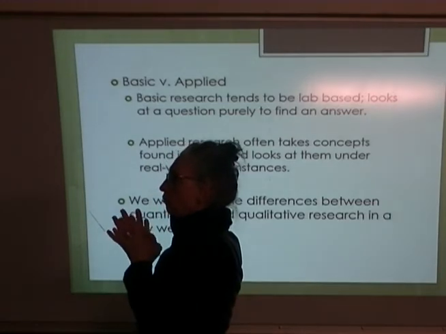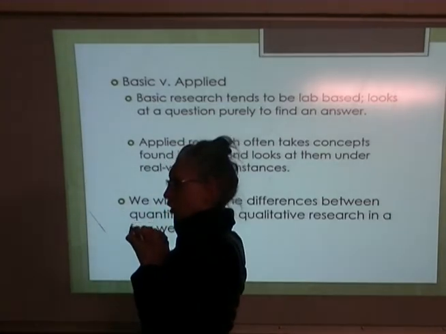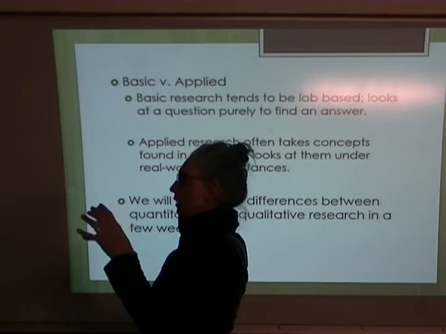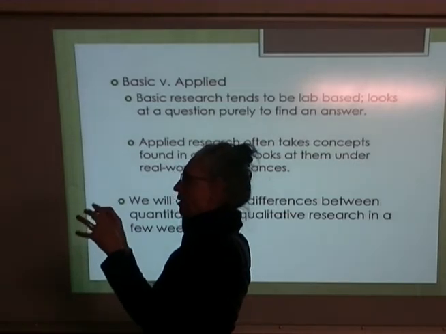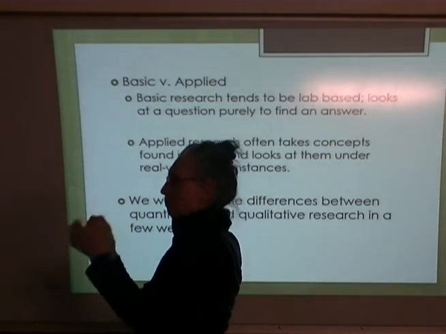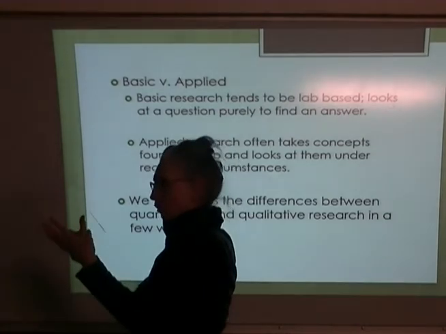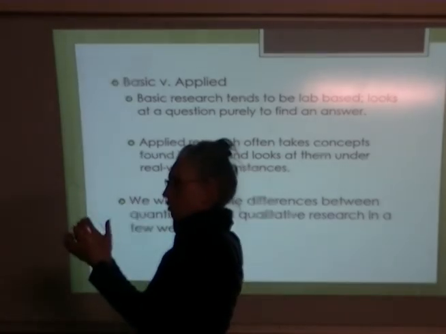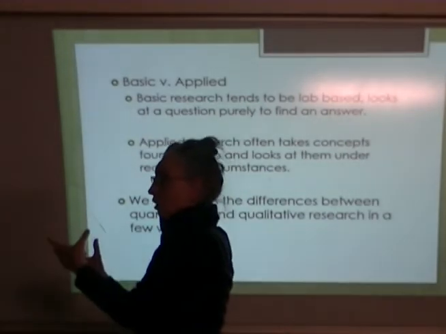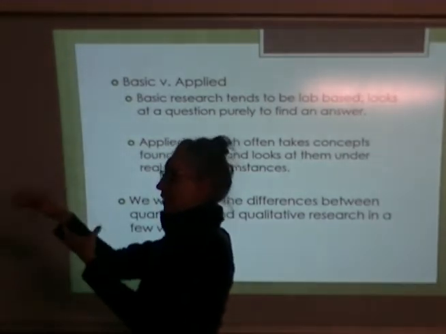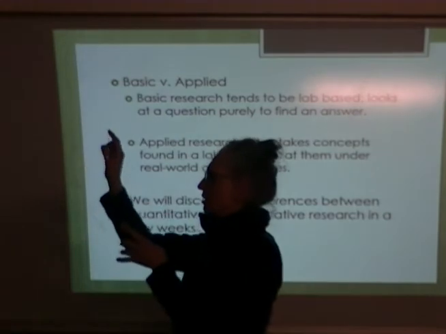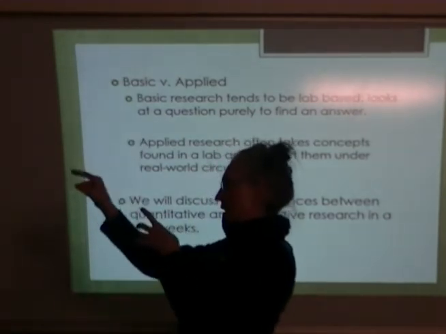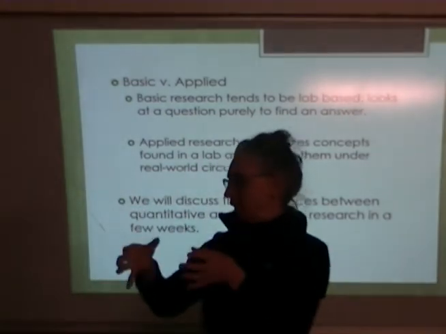So a lot of physiology researchers work in a lab and they just want to find out something about an animal or a body, right? And that's why they do the research. That's great, but that's not what I'm interested in. I like to take that idea and go, okay, so if it looks like that in the lab, what happens when it's in the real world?